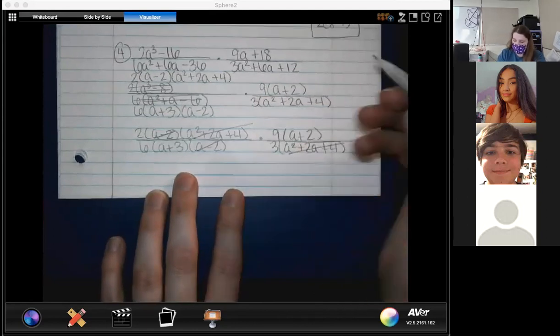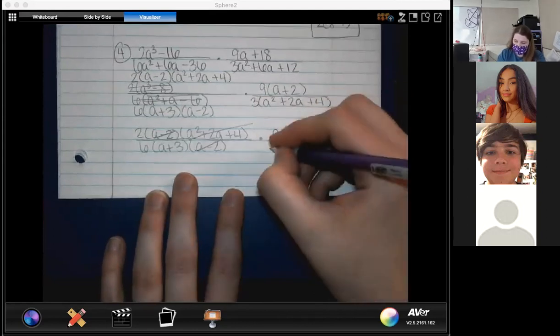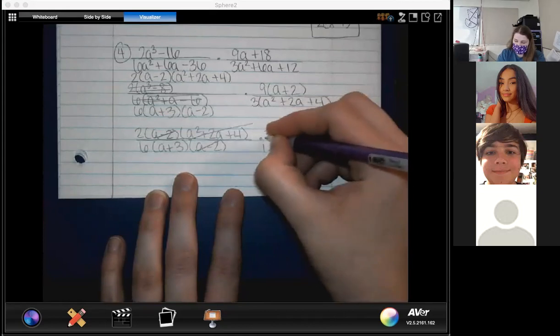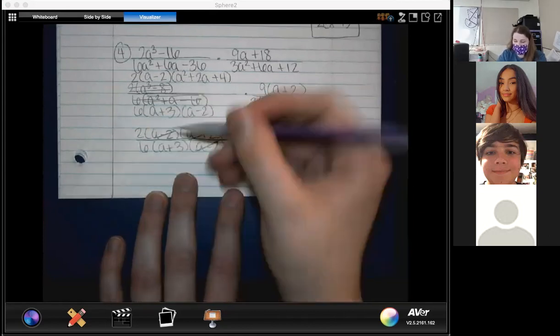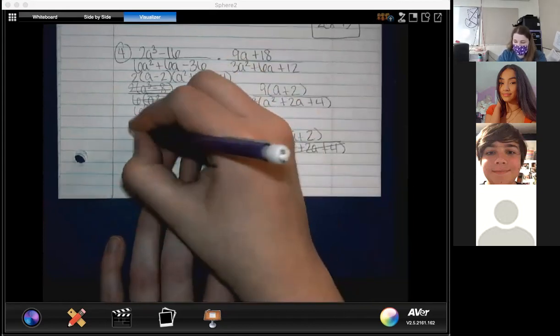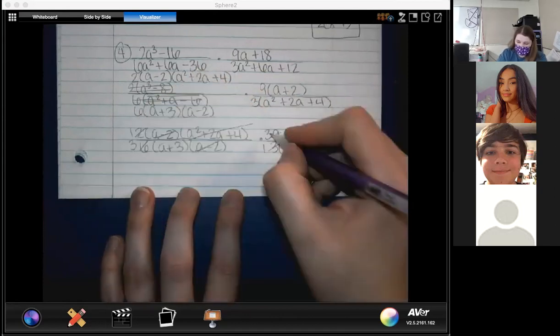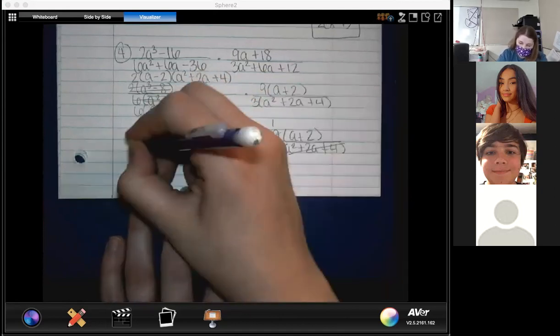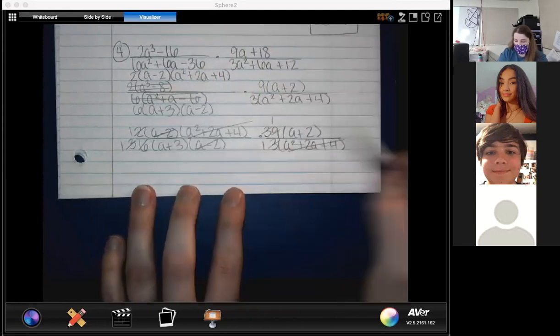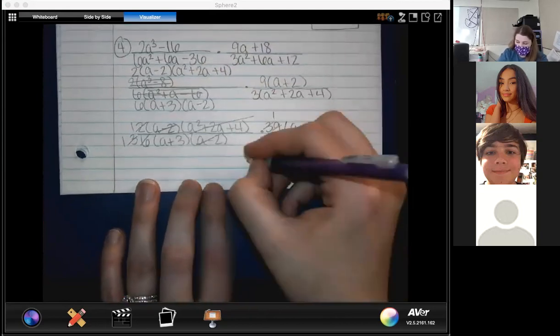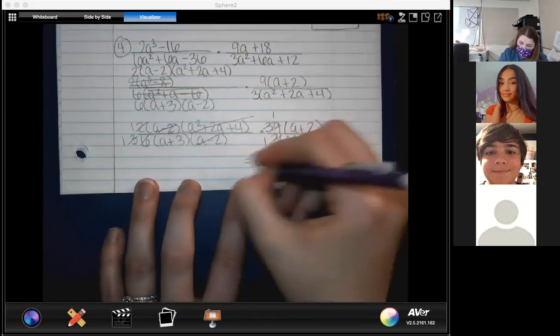simplifies out. 9 divided by 3 becomes 3 over 1. 2, 6 becomes 1/3. 3 divided by 3 becomes 1. So all we're left with is A plus 2 divided by A plus 3.